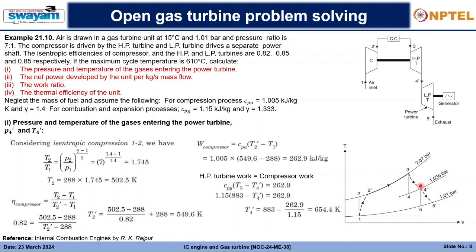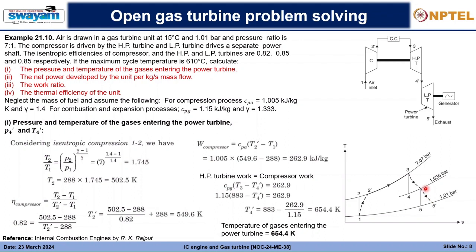We know T4 dash, but we do not know the pressure of this intermediate part. In order to calculate the pressure, first we need to calculate the temperature if this process had been isentropic, that is T4. So we have to consider the isentropic efficiency of the HP turbine. One of the questions is the pressure and temperature of the gases entering the power turbine.